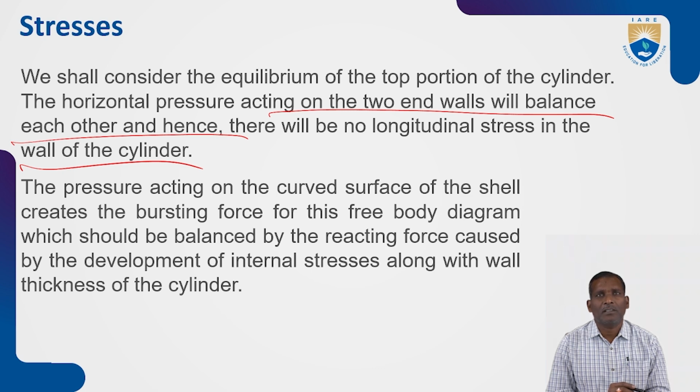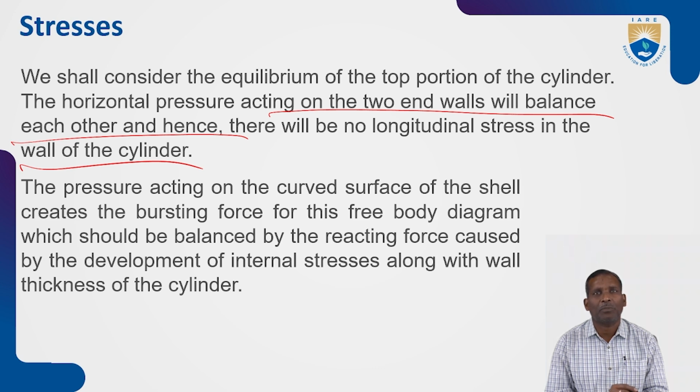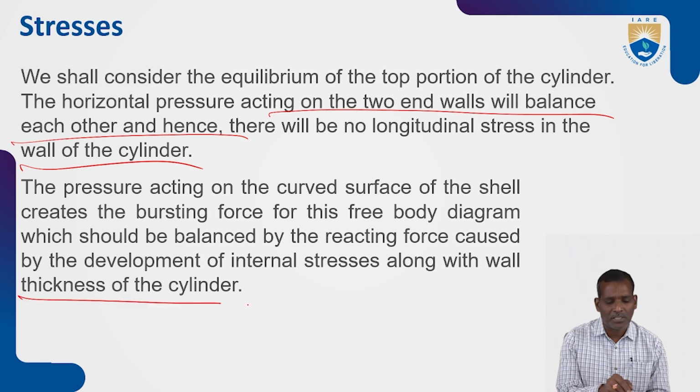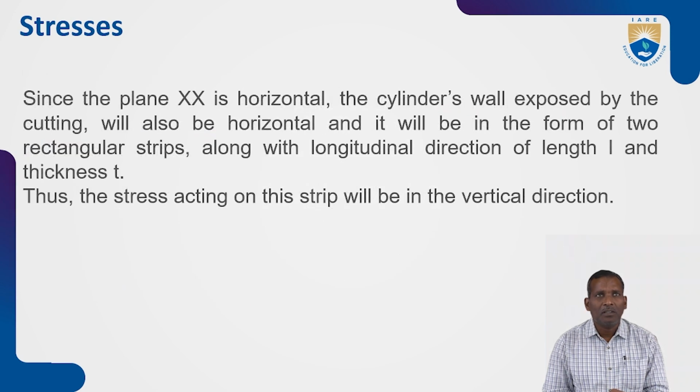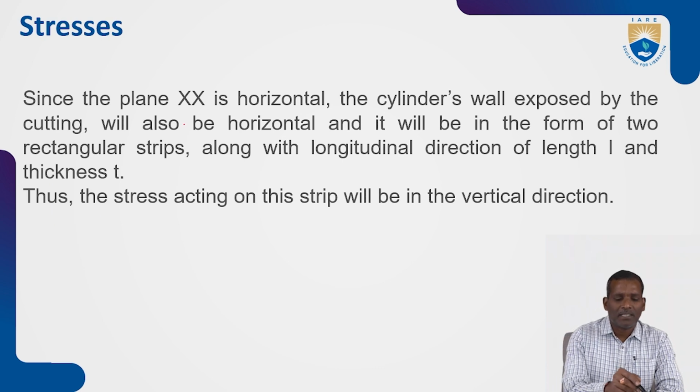The pressure acting on the curved surface of the shell creates the bursting force for this free body diagram, which should be balanced by the resisting force caused by the development of internal stresses along the wall thickness of the cylinder. Now, the plane XX is horizontal.